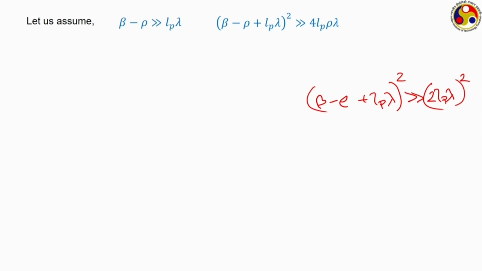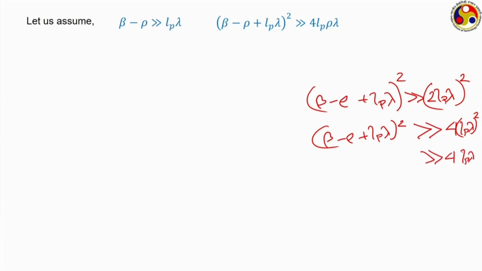In a way we can say that if we take a whole square of the first one, it should be greater than the whole square of this, or beta minus rho plus LP lambda whole square should be significantly greater than 4 into LP lambda.